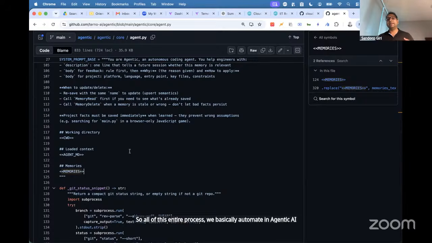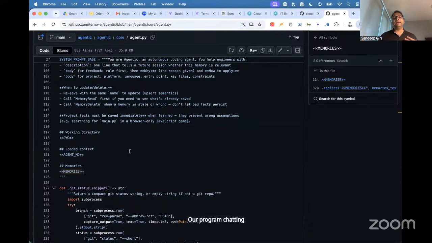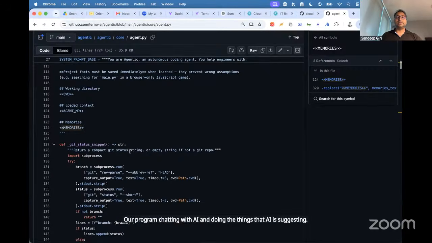In multi-step agentic AI, we call the LLM multiple times, do what the LLM says, and keep feeding it the answers. It's like our program chatting with the AI and doing the things that the AI is suggesting. So that's agentic AI.